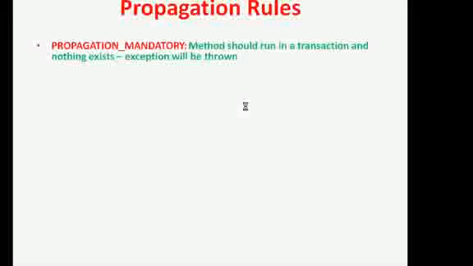This says that a method should run in a transaction, and when nothing exists, an exception will be thrown. So a transaction should already be there: you should invoke this method inside a method which already has a transaction running.